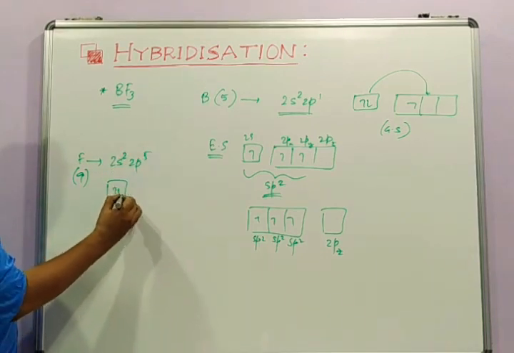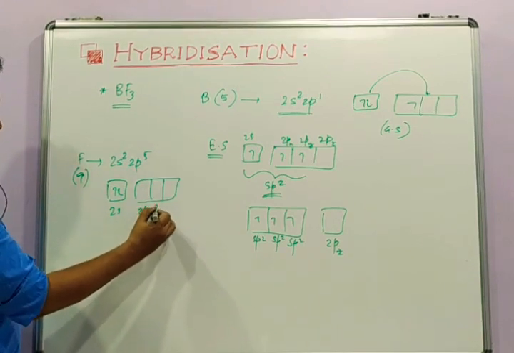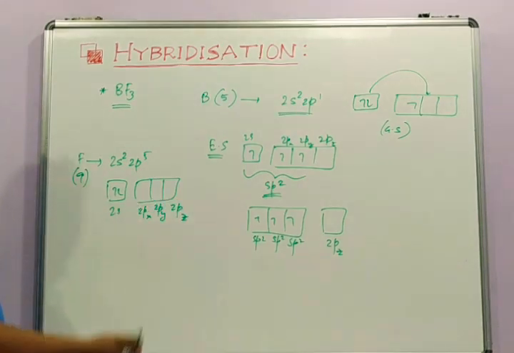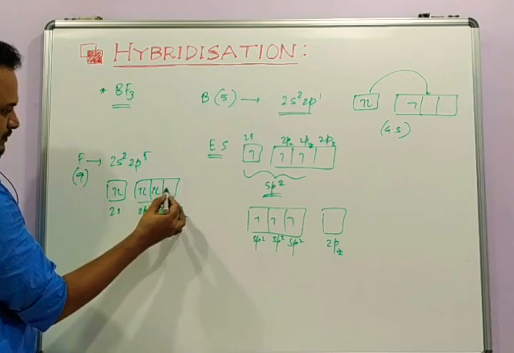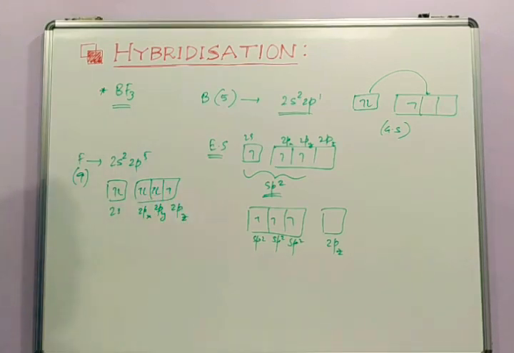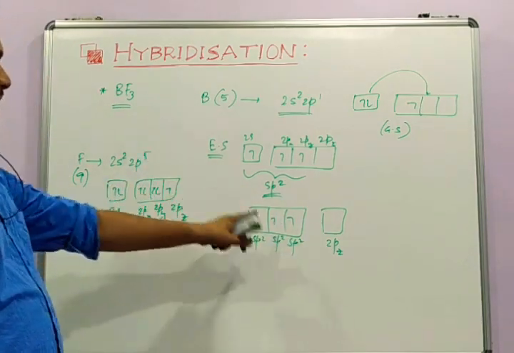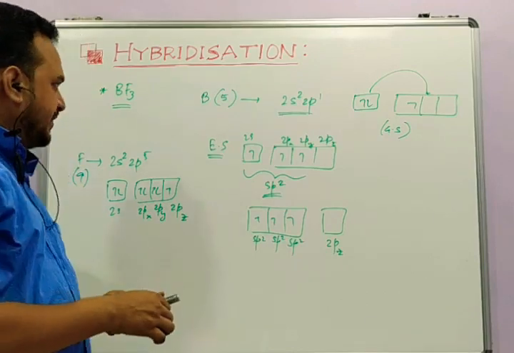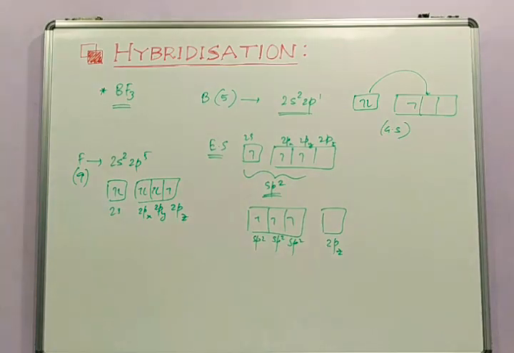This is the 2s and this is the 2px, 2py and 2pz, right? So the 2p orbital of fluorine and the sp2 hybrid orbital of boron will overlap to give you 3 BF sigma covalent bonds. So how will the structure look?